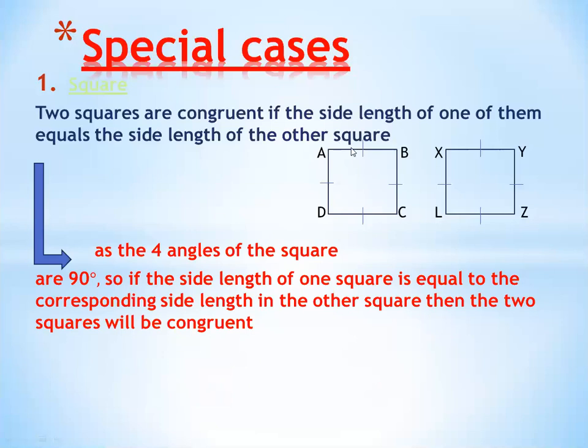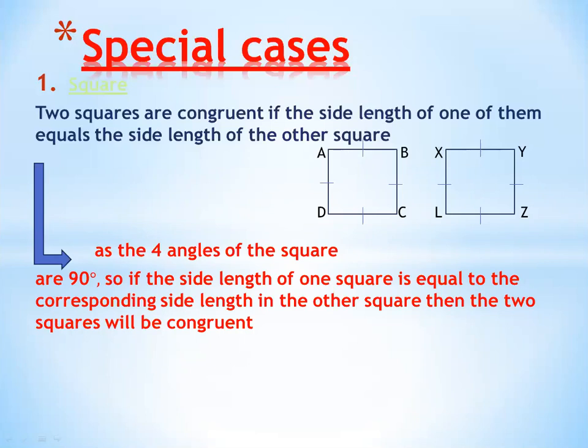We said before, if the corresponding angles are equal and the corresponding sides are equal, they are congruent. Here is 90, here is 90, here is 90, and here is 90. In the other square, the four angles are 90, and the four sides are equal in ABCD and also in XYZL. So the two squares are congruent.